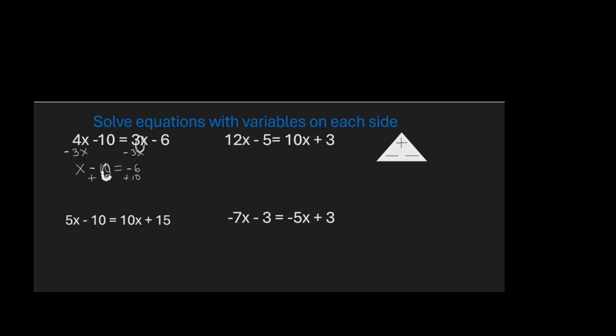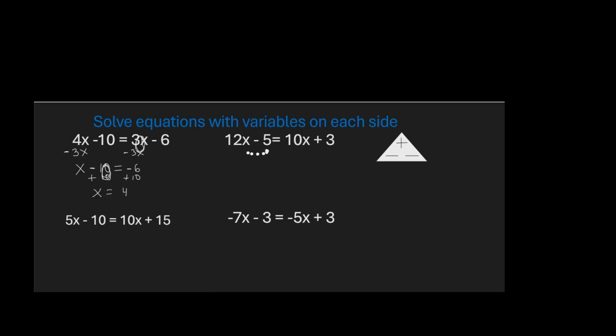In this case, this is going to be 0. And that's how we end up with x equals. Can you see that they have different signs? Subtract, give the sign of the biggest number. The biggest number is positive, so the answer should be x equals 4. And that's the answer. X is by itself now.